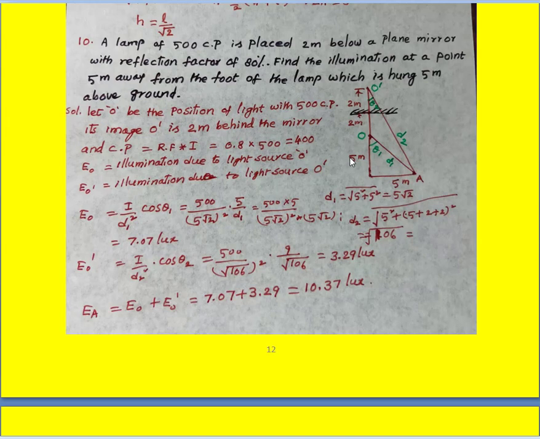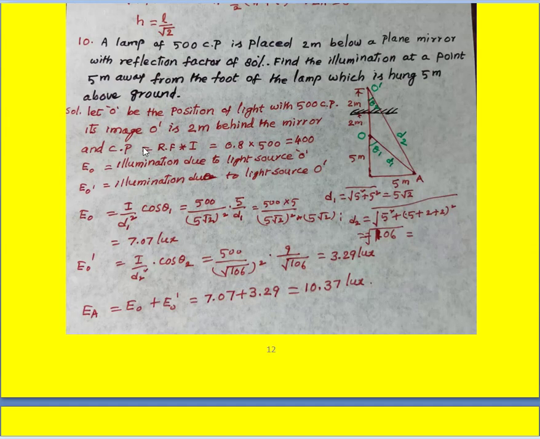To get all this data, first we calculate the candle power, that is the luminous intensity of the lamp, that is the effective luminous intensity of the lamp.